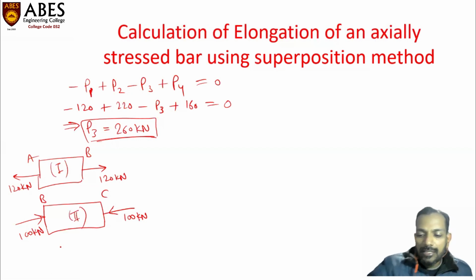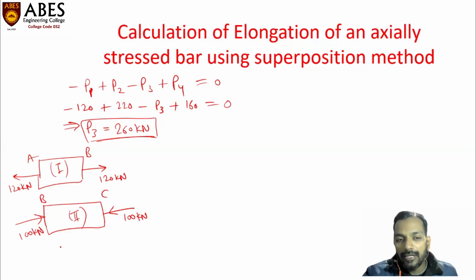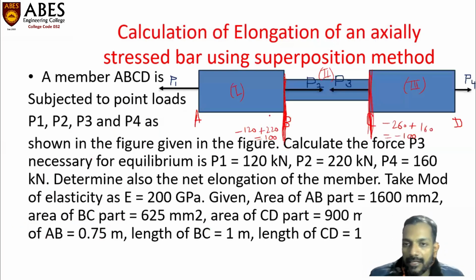Okay, this is called a redistribution of forces. At this junction, the net force is P2, which is 220 kilonewton. Out of these 220 kilonewtons, some portion will be transferred to the first part and the remaining portion will be transferred to the central part.